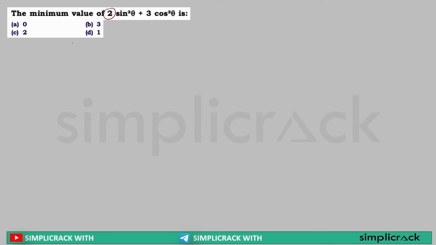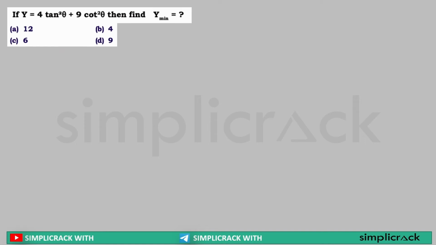Yes or no? Very simple. Sorted? Now, sir, if y is equal to 4 tan square theta plus 9 cot square theta, then what would be the value? Sir, we know if A is less than B, minimum is equal to what?